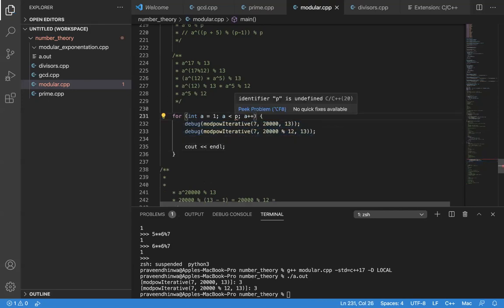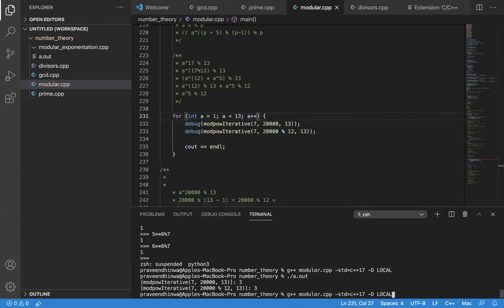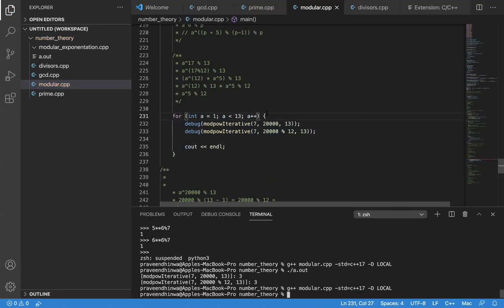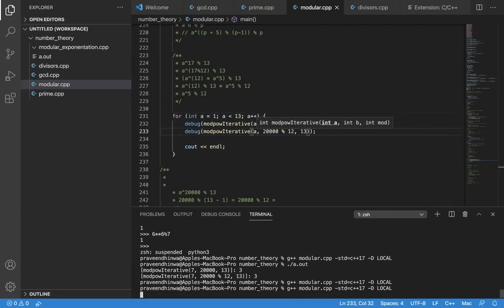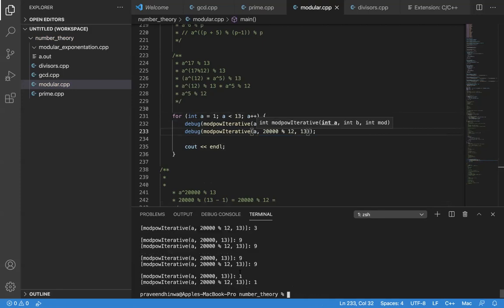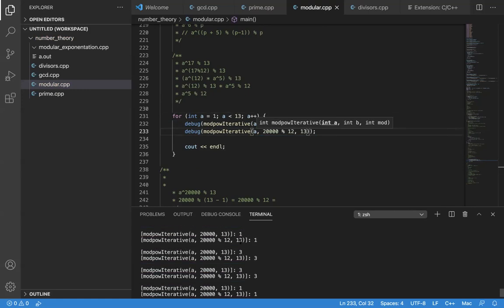So let p be equal to 13. I should pass a here, a here. So you can see that all the numbers are the same.